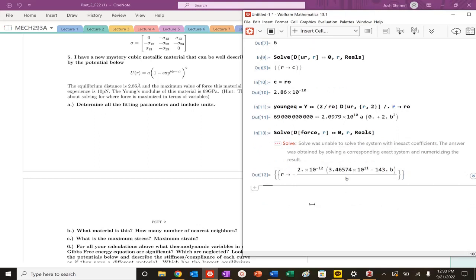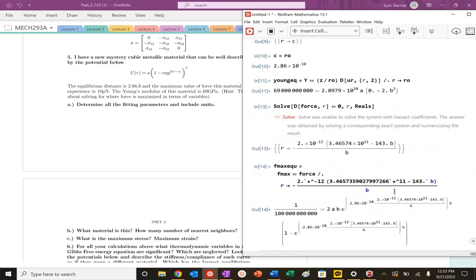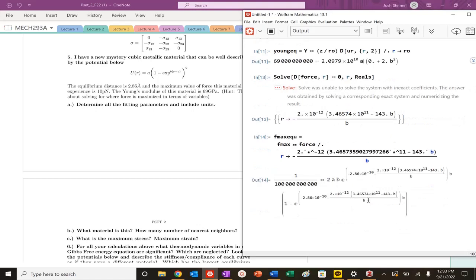And then I know that my F max equation is when my force is maximized, when I plug in force with R going to this value. So I have this equation here. So right now I have one equation with 2 unknowns, one equation here with 2 unknowns as well.